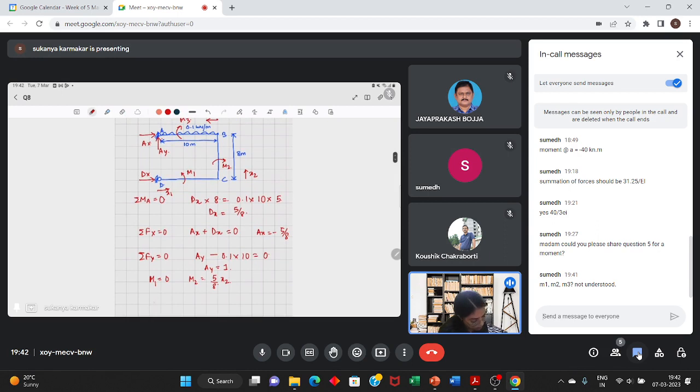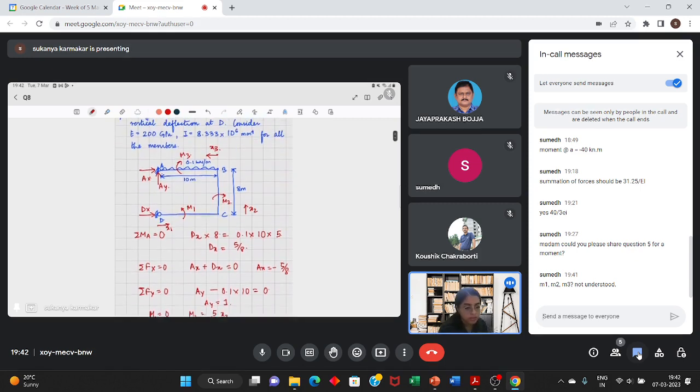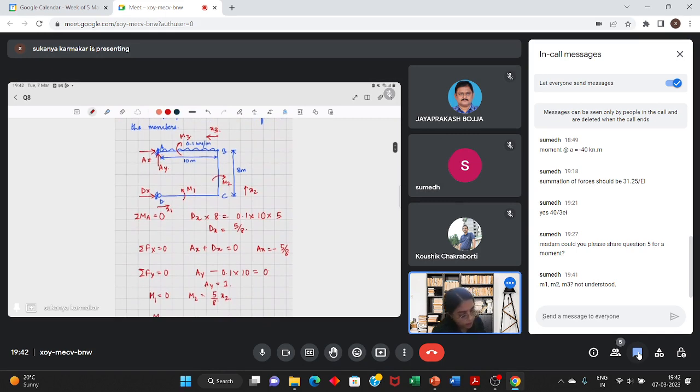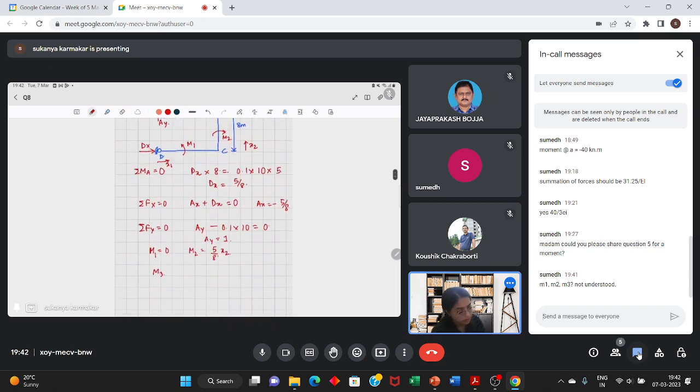M3 in the clockwise direction, positive. Dx is creating a moment in the anti-clockwise direction. Okay, M1, M2, M3 not understood. See, M1, this moment is in the, I'll write down the equations again.